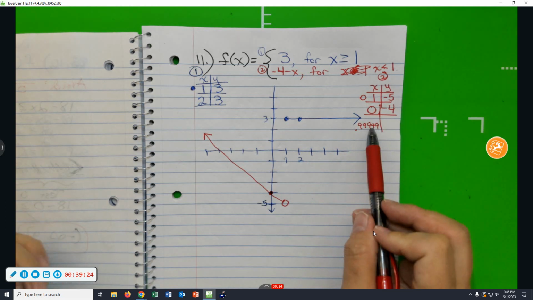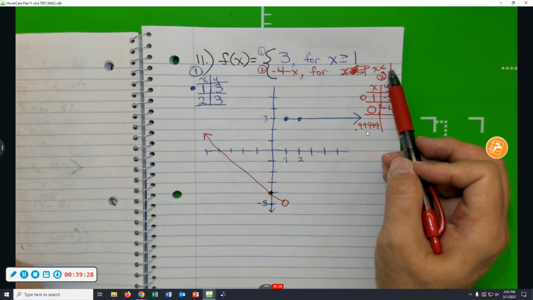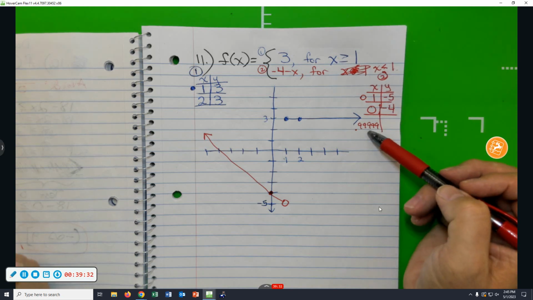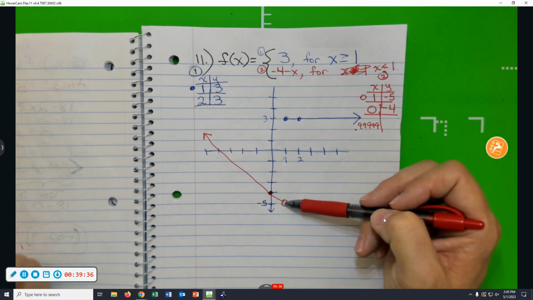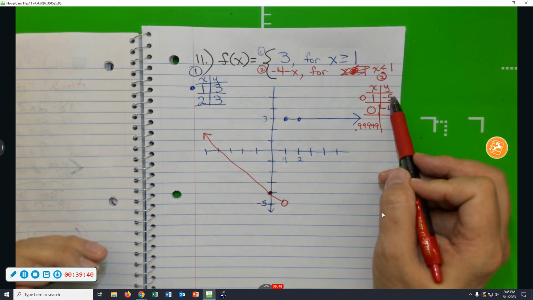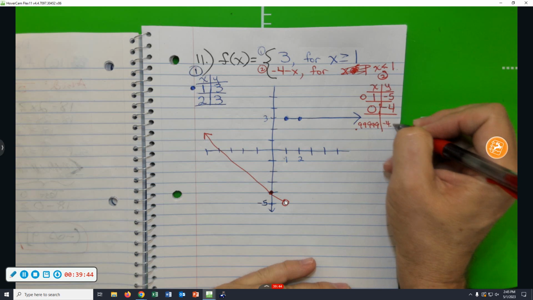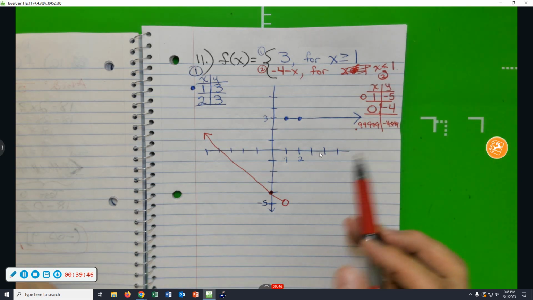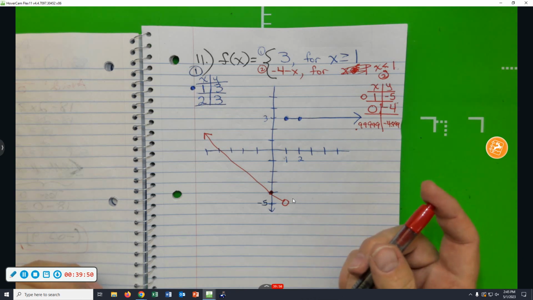So there are numbers that satisfy that condition. They're less than 1, but to the naked eye, they look like 1. And so that's why we plug in that 1 and put that open circle. That's saying 1, negative 5 is not on the graph, but there are infinitely many numbers that look like 1, negative 5 that are on the graph.